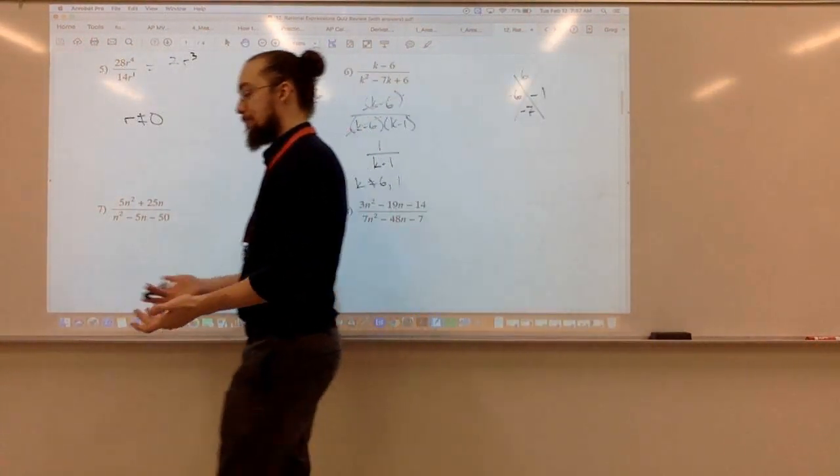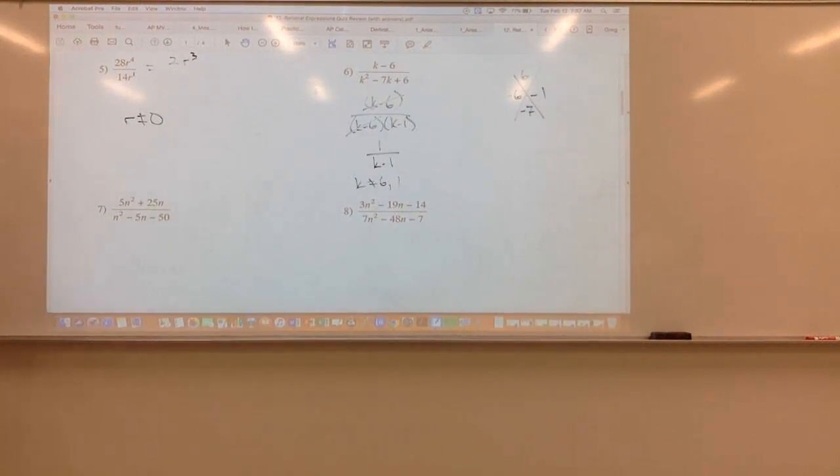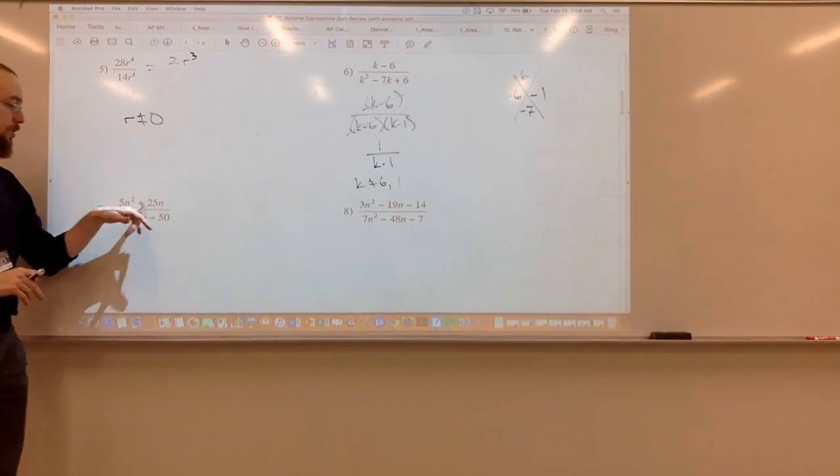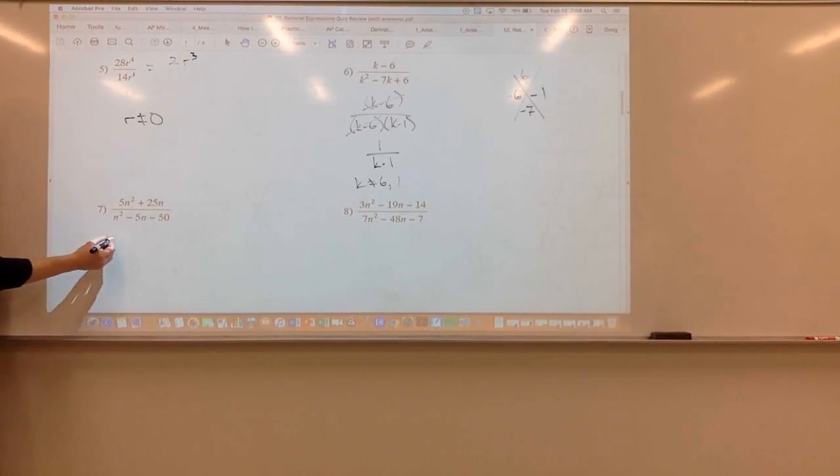Alright. And the rest of these are a lot of factors. Right? So on number 7, in my numerator, I've got 5n squared plus 25n. What can I do there? I can take out a 5, yeah. 5 and 25 are both divisible by 5. Is there anything else I can take out? I can take out an n as well.